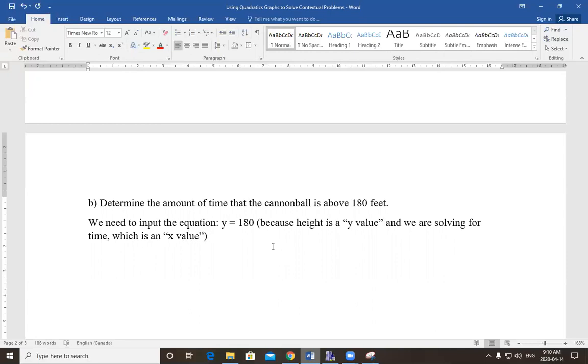If we were asked at what time, because we're given the y value, we have to write the equation. If we were asking, well, what is the height of the ball at 3 seconds, then we would type x equals 3, okay, because we're given the x. So whatever value you're given, you type that into Desmos as an equation, y equals or x equals.